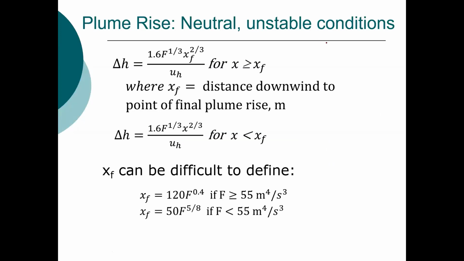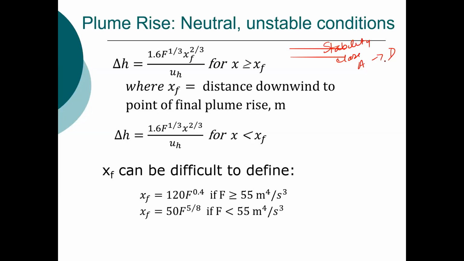Now, if your stability class is A through D, then you'll use this set of equations. So here, again, you actually have two different equations. We'll use the same buoyancy flux that we just determined, but what's different is the equation for the plume height, and it will vary depending on the distance downwind.